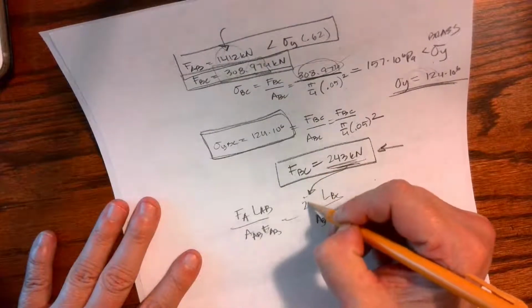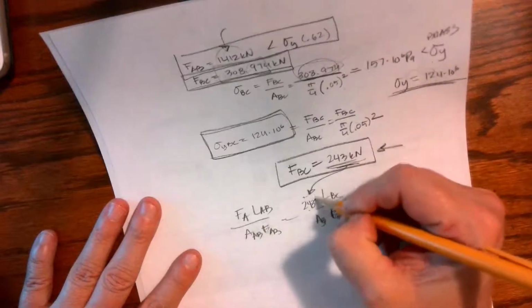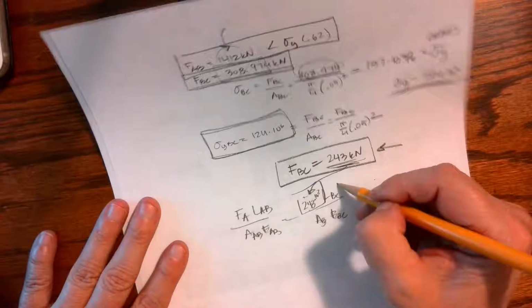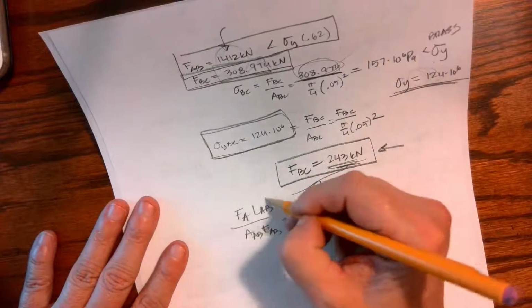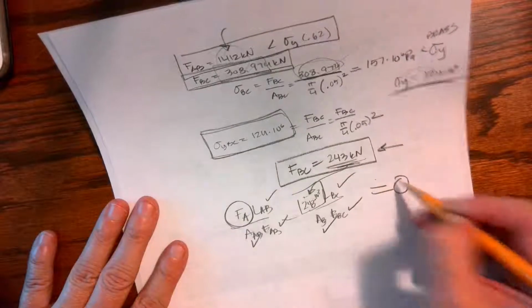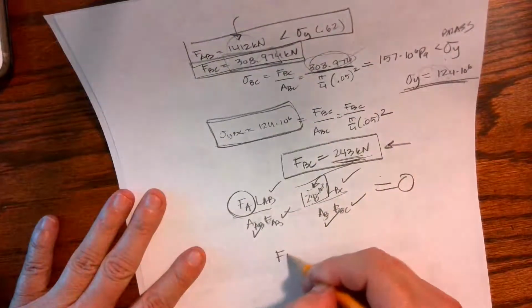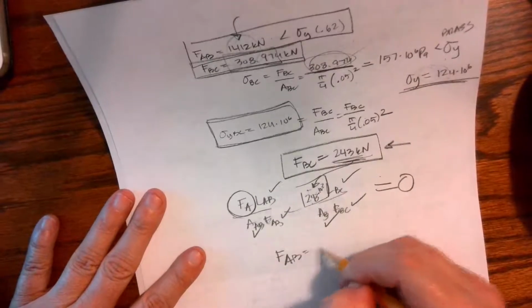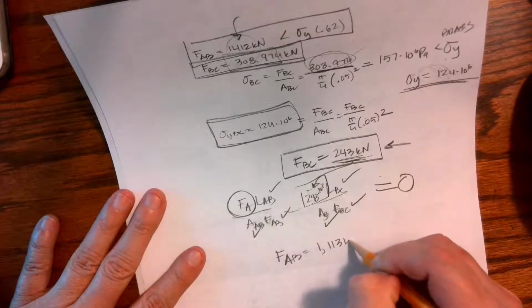So if I have 243 times 10 to the third newtons for my force, and I know the length, the E and the A, I can now go back, this all equals 0, and solve for my force at A. And when I do that, my force of AB is now 1,113 kilonewtons.